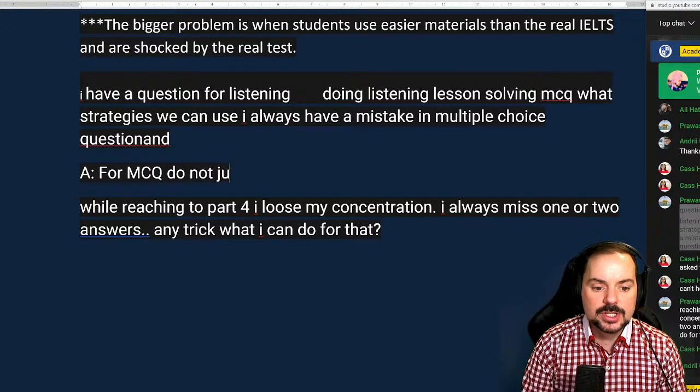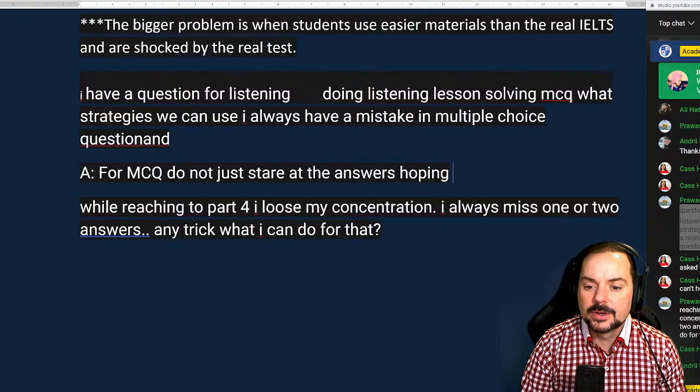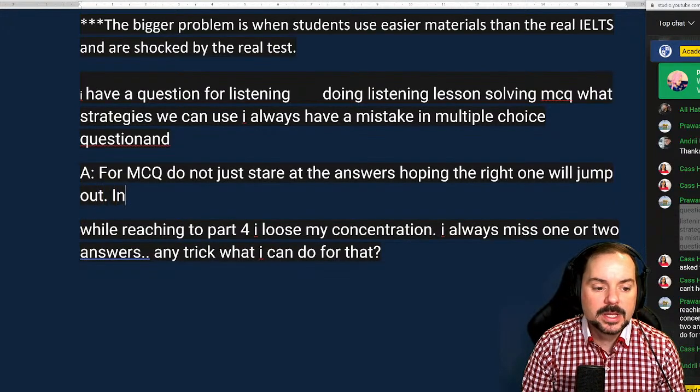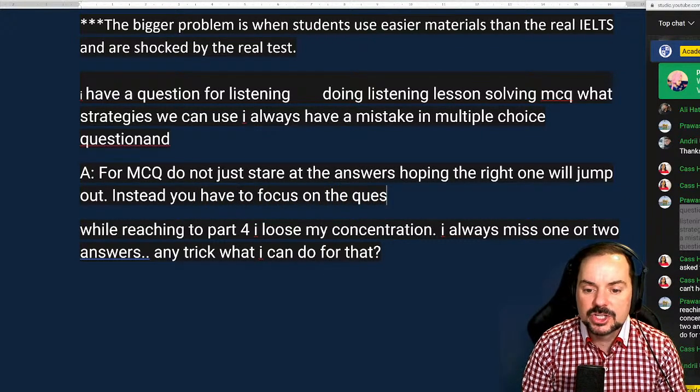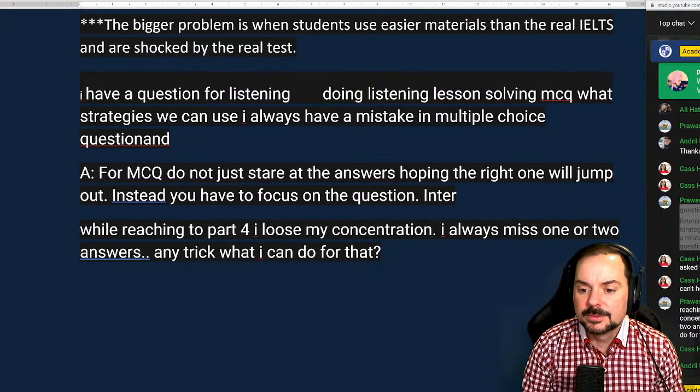do not just stare at the answers hoping the right one will jump out. Instead, you have to focus on the question. Interpret the question as a statement.